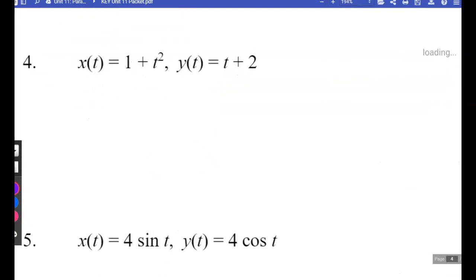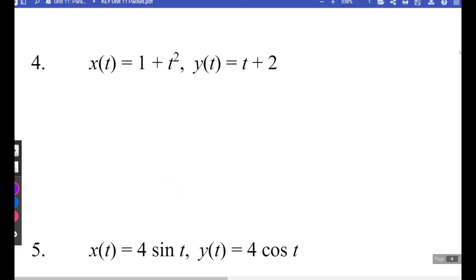Those are the tricky ones, but I want to do one more simpler one just so that you guys get the hang of it. I'm going to pick the easier one to solve for t. In this case, that is the y parametric. All I have to do is subtract 2 over, and t is equal to y minus 2.